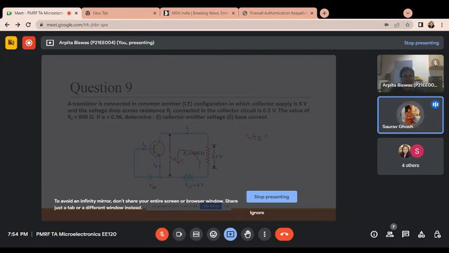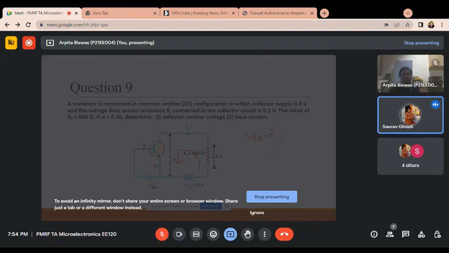Ma'am, 7.37. No, VCE is not 7.37. How did you calculate? Can you please explain a little bit? Just take the loop now, the VCC. I have taken the loop analysis, so we can consider minus VCC minus ICRC plus.